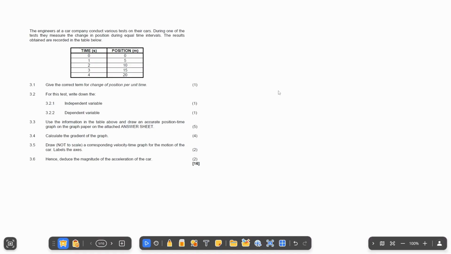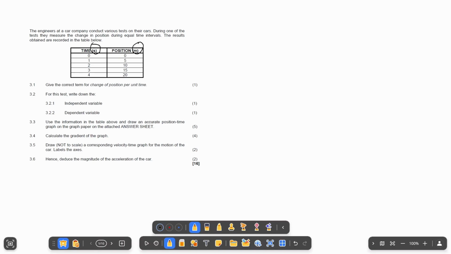That is simple. Position, you can see, is measured in meters, and time is in seconds. So the quantity will be in meters per second. That will be the velocity. Yes, that will be the velocity. Why the velocity and not speed?